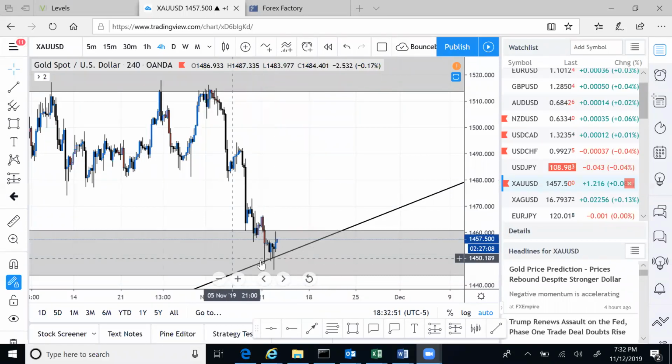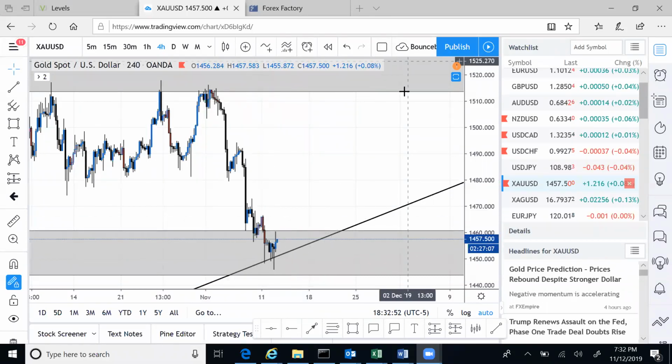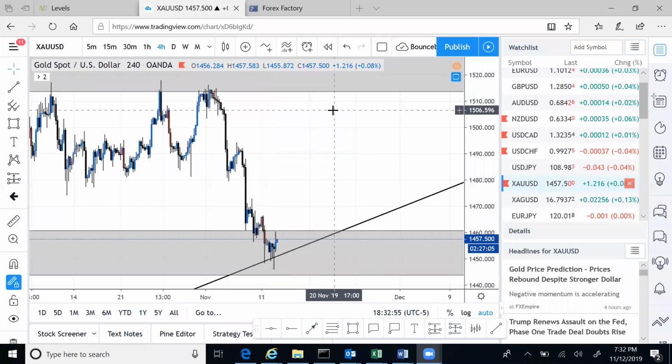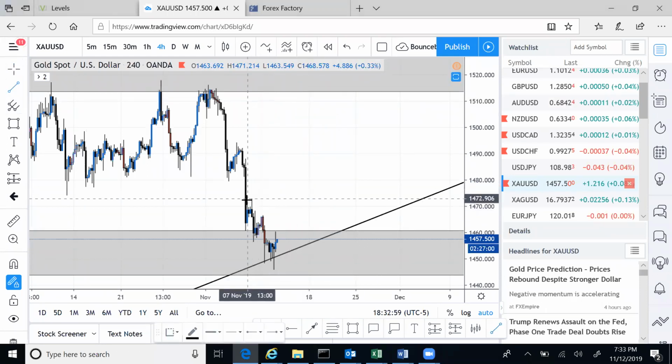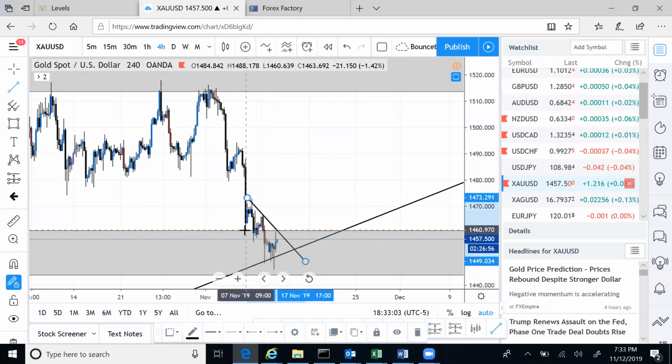We want to look at the full picture, yeah? Good. Right. So we have a falling wedge. That's what we have, a falling wedge.